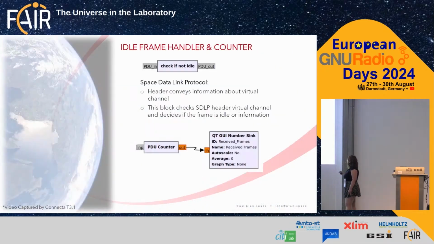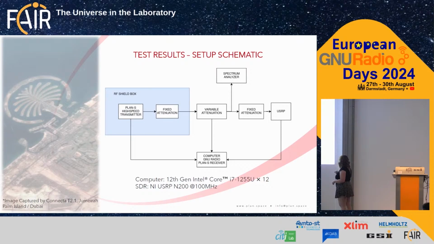We assigned idle frames to a particular virtual channel, and data frames to another virtual channel. So I get rid of the idles by checking the virtual channel. Also, there is a simple block, a PDU counter. The more PDUs come in, it just increments. However, it will be relevant later.